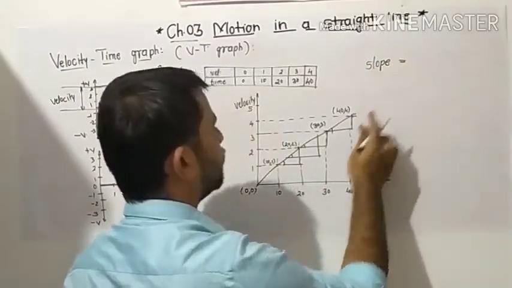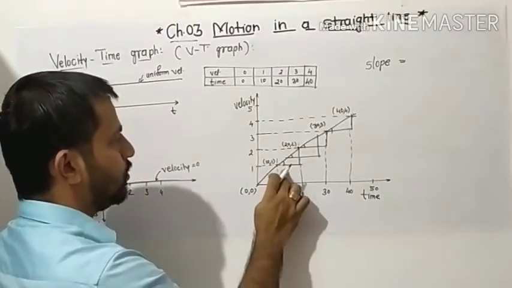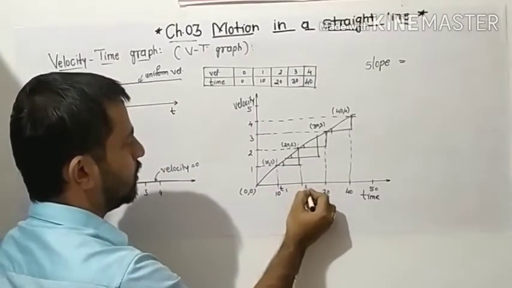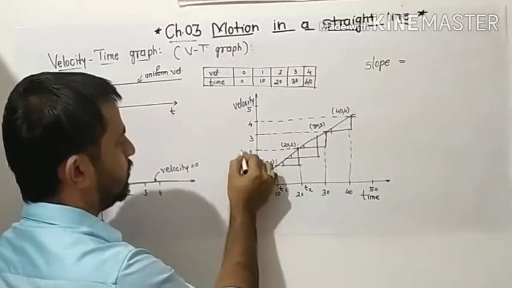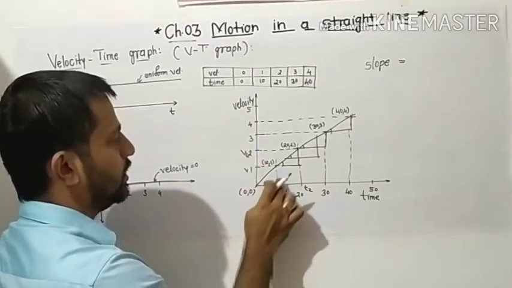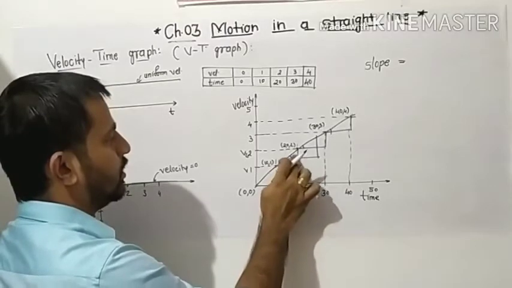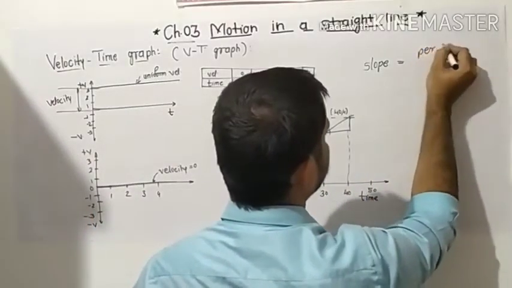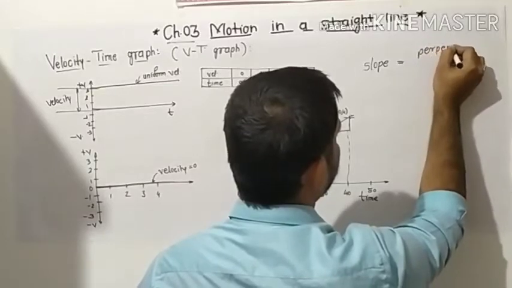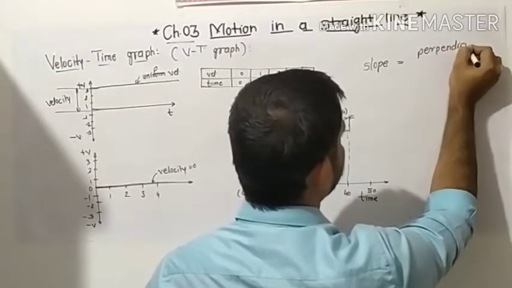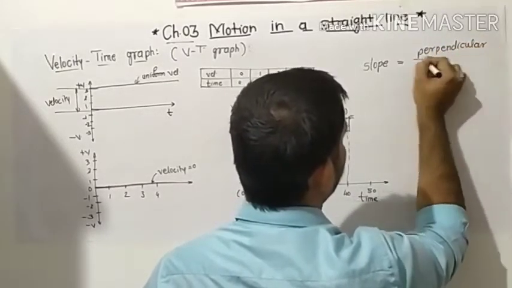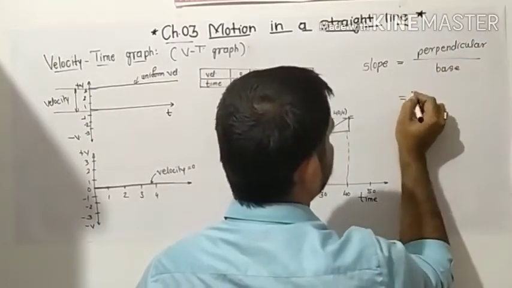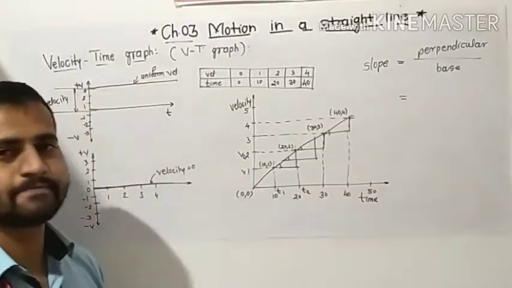the slope of a VT curve. Suppose for this line here we have T1, T2, V1, V2. Here the slope will be perpendicular upon base. So what is the perpendicular here?